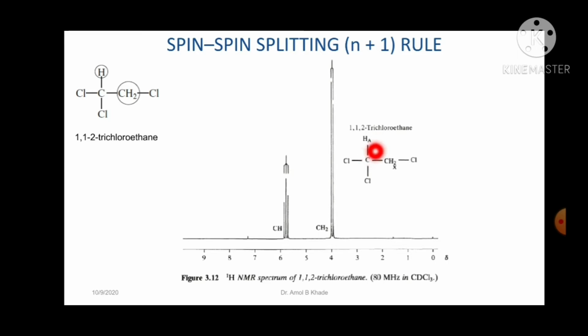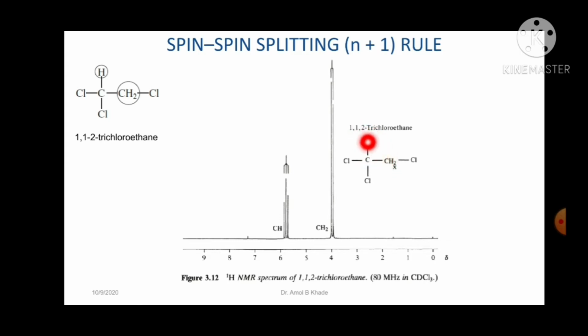For the CH proton, the neighboring carbon has 2 protons, right? The empirical rule to find out the splitting phenomena is n plus 1, where n is the number of protons in the neighboring carbon atom. If I want to find the splitting pattern for this HA, I have to count the number of protons in the neighboring carbon.